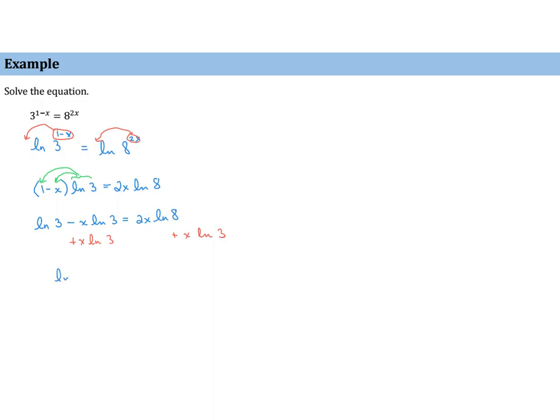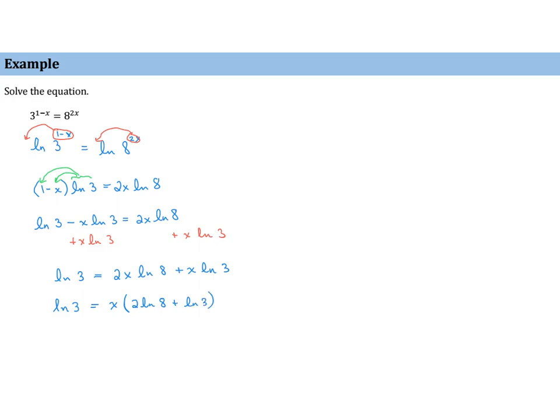So we have the natural log of 3 left on the left-hand side, and on the right we have 2x natural log of 8 plus x natural log of 3. Now you'll notice that x is in two terms on the right-hand side, so we can factor it out. So we have the natural log of 3 equals x times 2 natural log of 8 plus the natural log of 3.